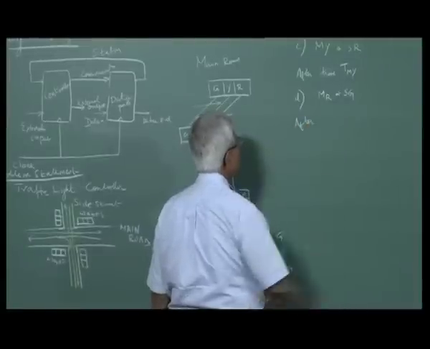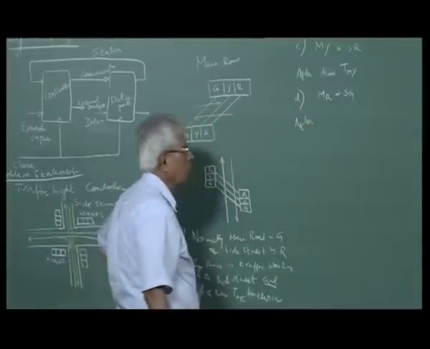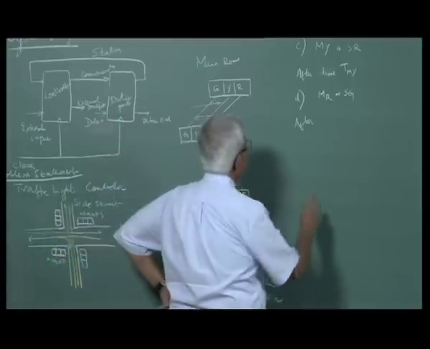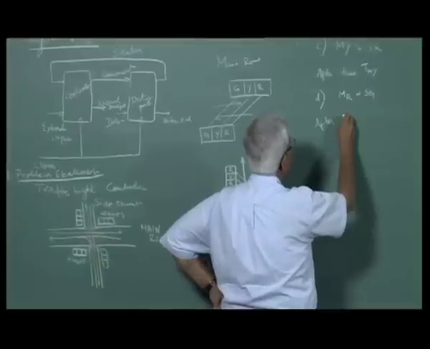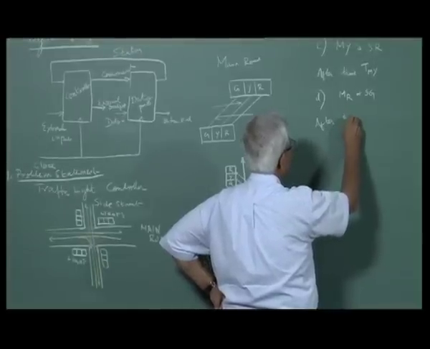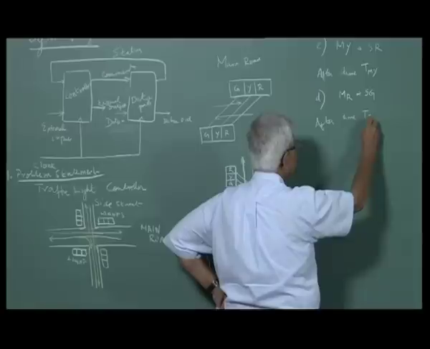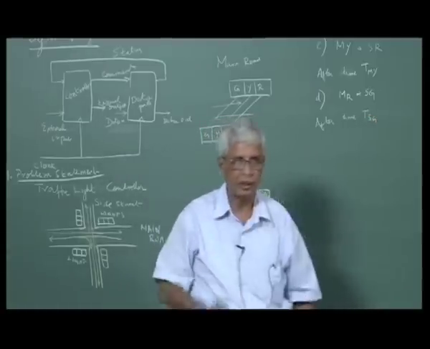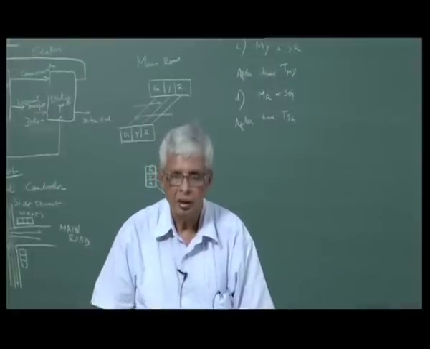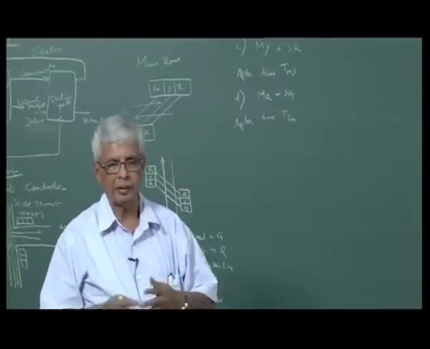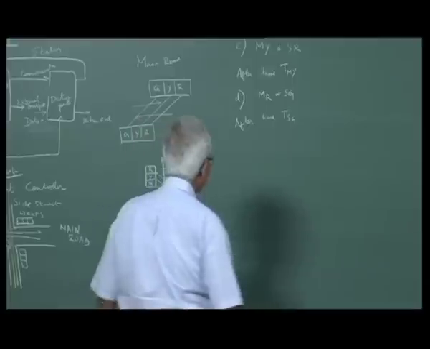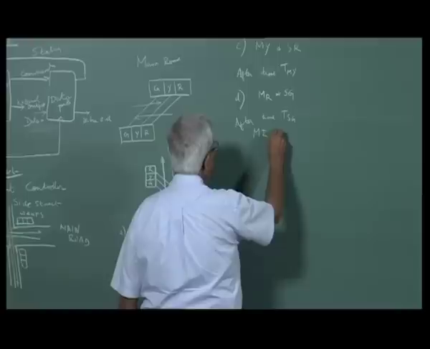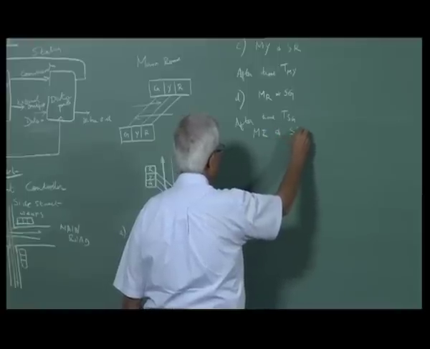After side green, time T side green. The side street is green only for a short time compared to the main street. If the main street green is 2 minutes, side street green may be 1 minute or even less than that. After time T side green, main street stays red, side street becomes yellow.